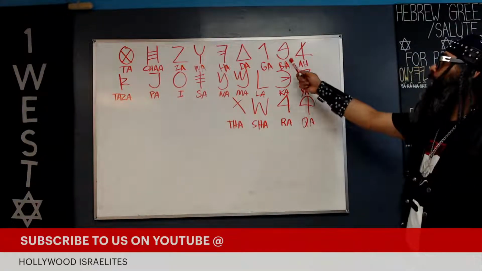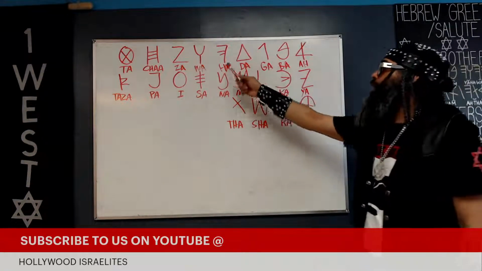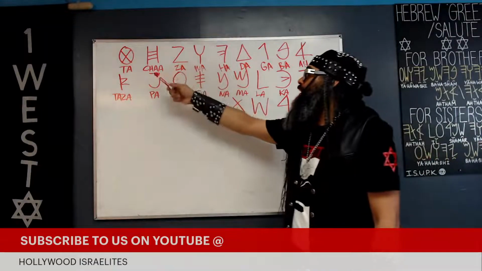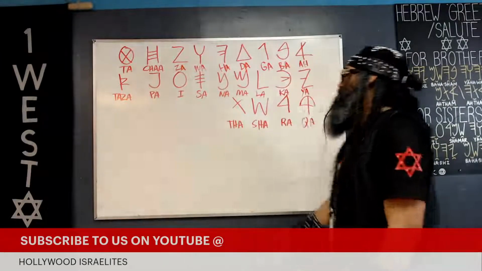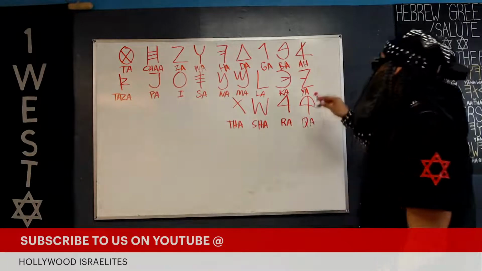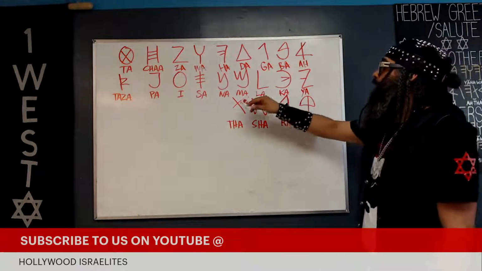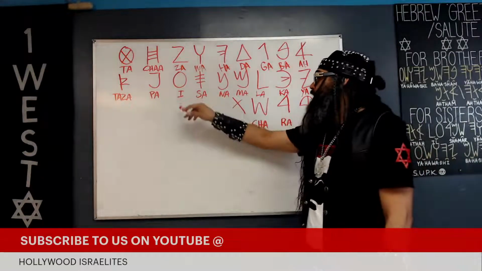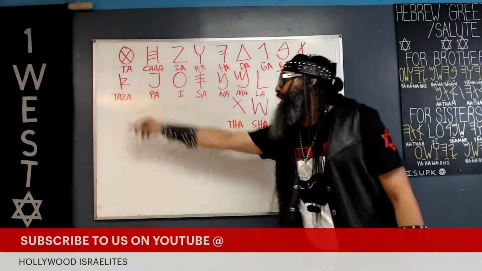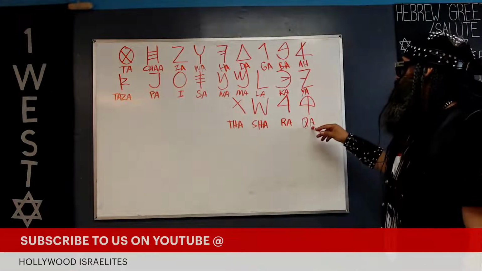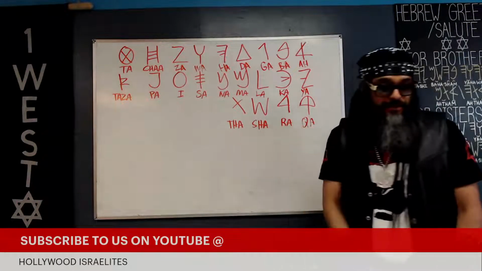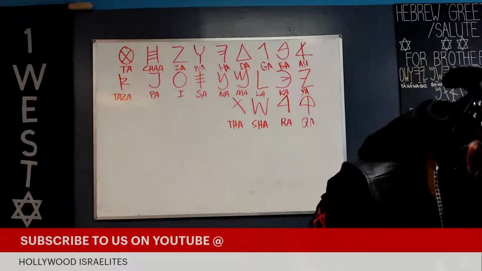So A, Ba, Ga, Da, Ha, Wa, Za, Ka, Tha, Ta, Ya, Ka, La, Ma, Na, Sa, I, Pa, Taza, Kwa, Ra, Sha, Tha. I'm going to leave it up on the board.